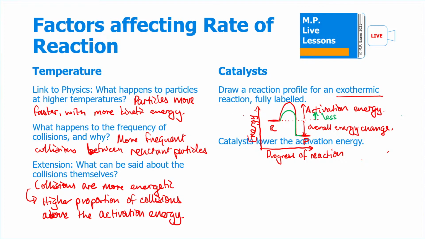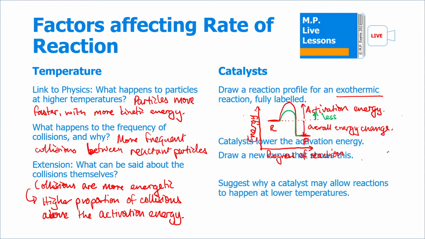So it rises less, which means less energy is needed for the particles to collide, and that means more collisions will be above that activation energy, so there are more successful collisions. And this can allow catalysts to make reactions happen at lower temperatures, because lower temperatures will have less energy but still get the reaction done because the activation energy is lowered.